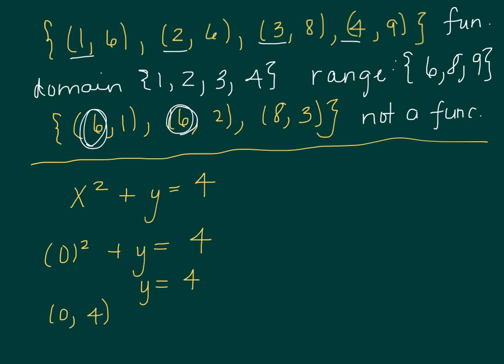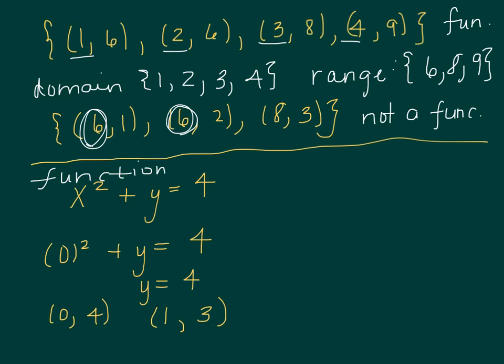So no matter what you plug in, you will get one y value. You can try another one just to check. We can try plugging in 1. And if you plug in 1 into the equation, you'll get 3. And you'll just keep doing it. So this is an example of a function.